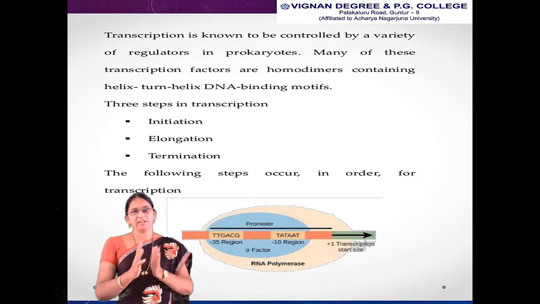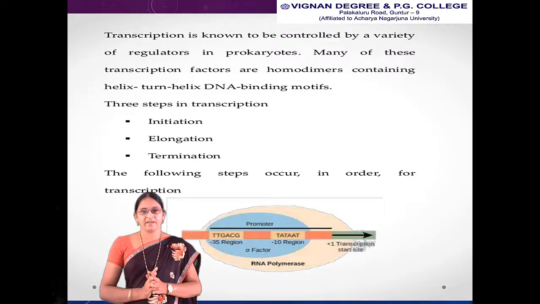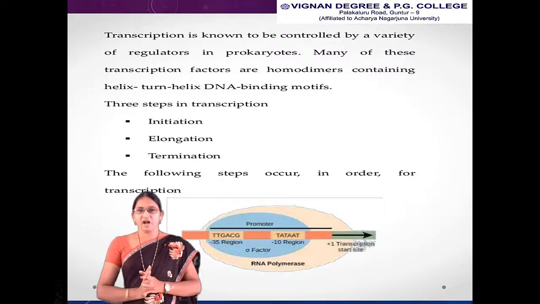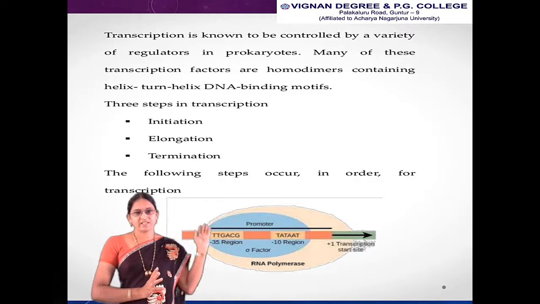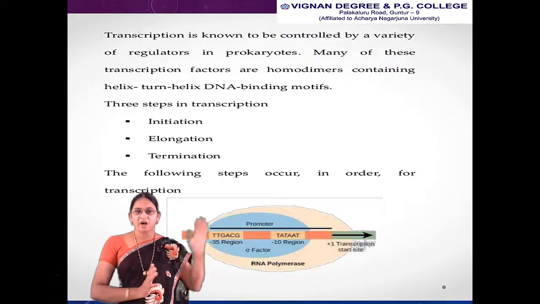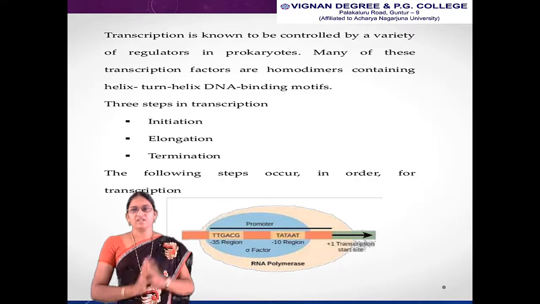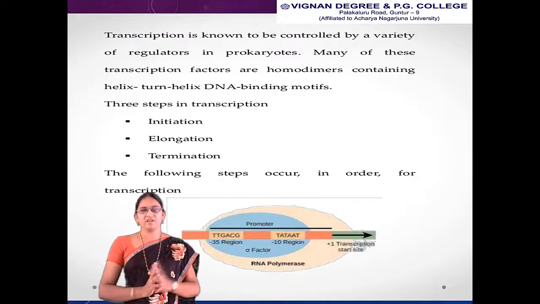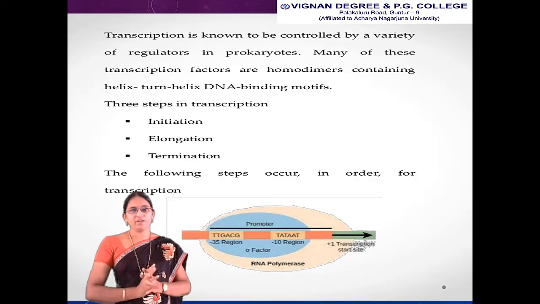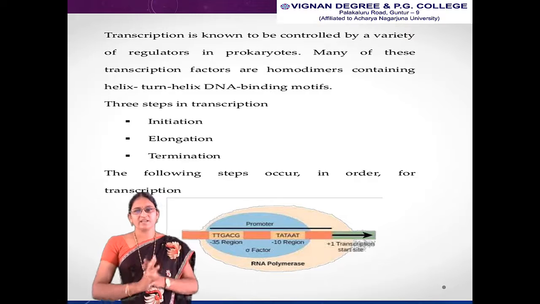They have the ability to bind to the DNA. Here the three stages are again initiation, elongation and termination. Here you can see the picture, that is DNA occupied by RNA polymerase. This RNA polymerase occupies 60 base pairs length of the DNA molecule and it allows the transcription.